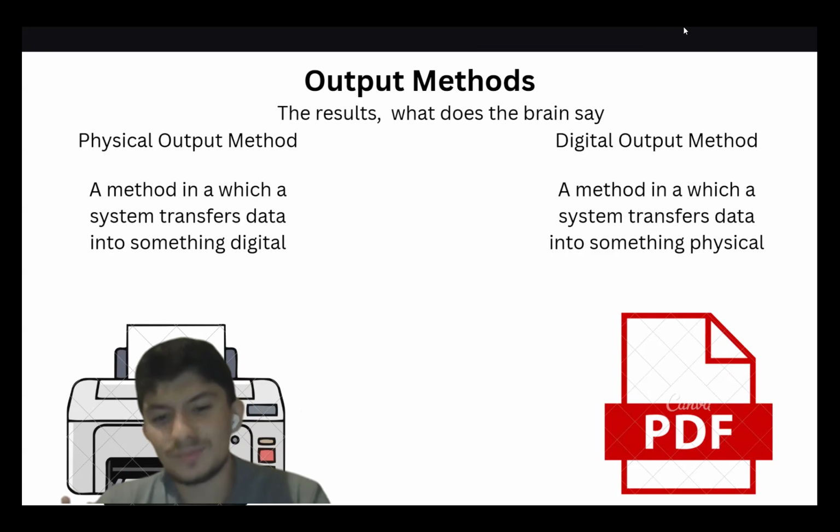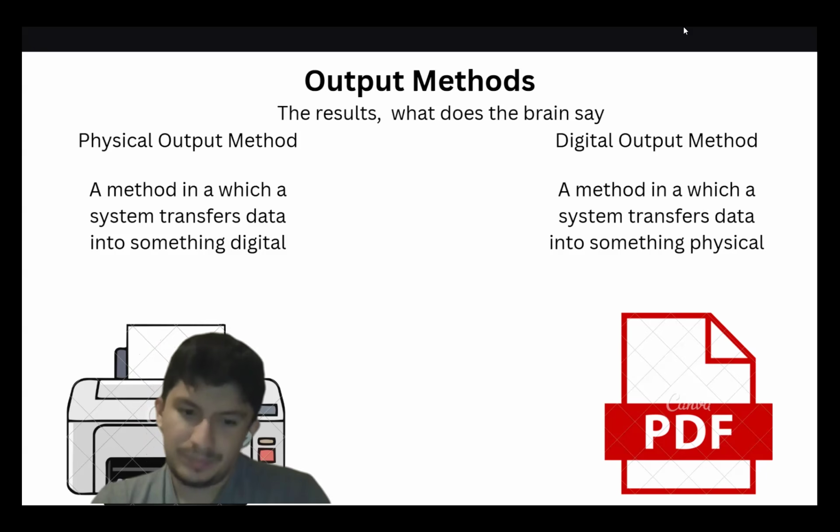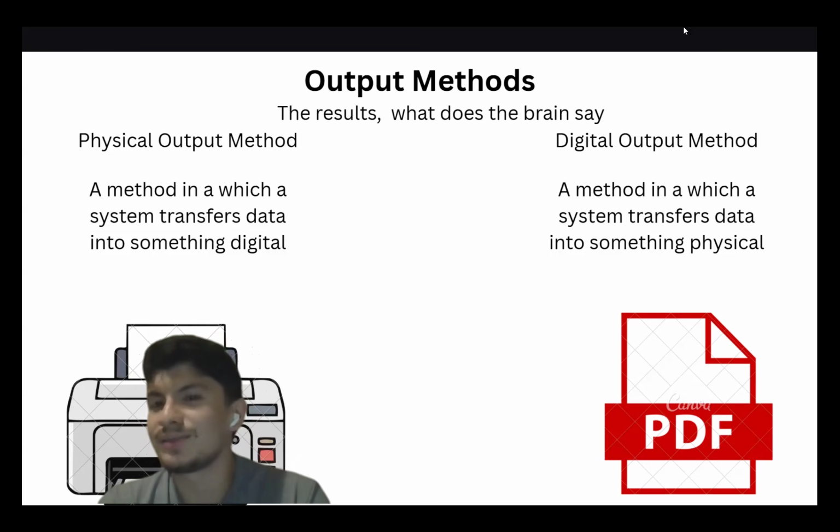Then the computer processes the data through its brain, the CPU, sees what to do with it, and through memory and storage, it's how much data it can have saved or how much data it can process.